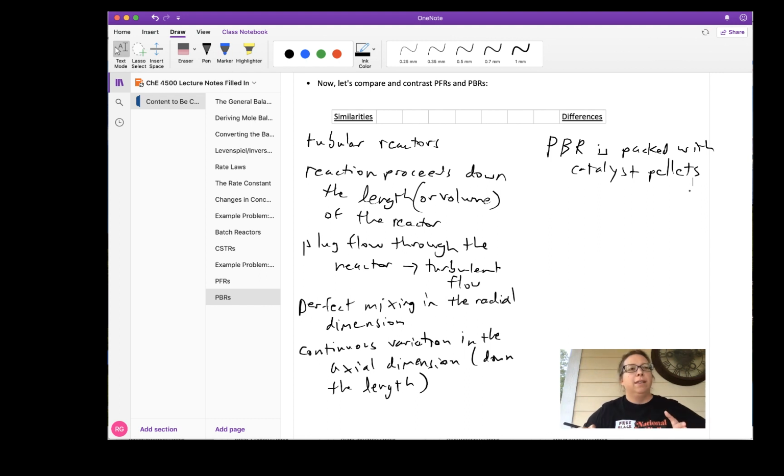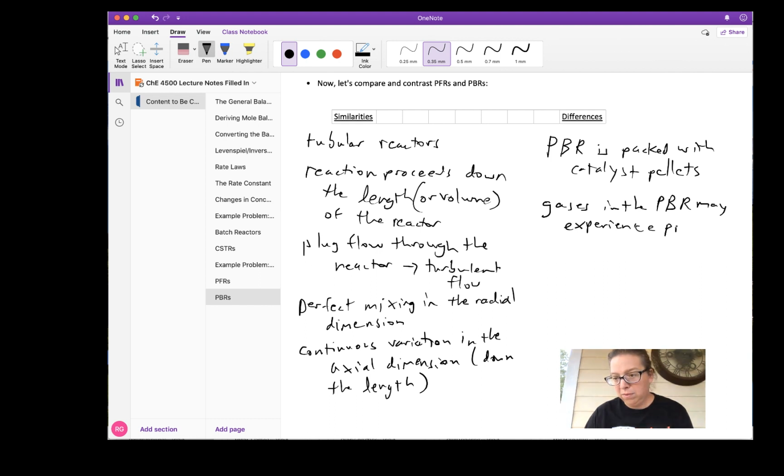The fluid goes down the reactor, and as it's doing so, it's flowing by a bunch of packing. Because of this, gases in the PBR may experience pressure drop due to the packing. That's really the only difference between the PBR and the PFR, at least as we'll encounter them in this class.